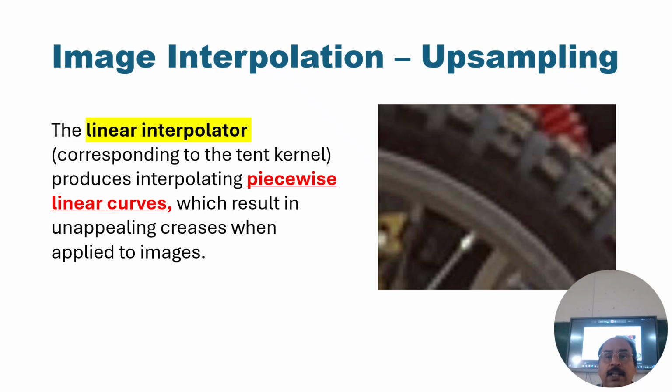This type is called linear interpolator, wherein kernel is the operator with which you are going to do the mathematical operation so that you will get the output. When you use piecewise linear curves, you call it a linear interpolator. First one is called linear interpolator, where we will be interpolating piecewise linear curves.